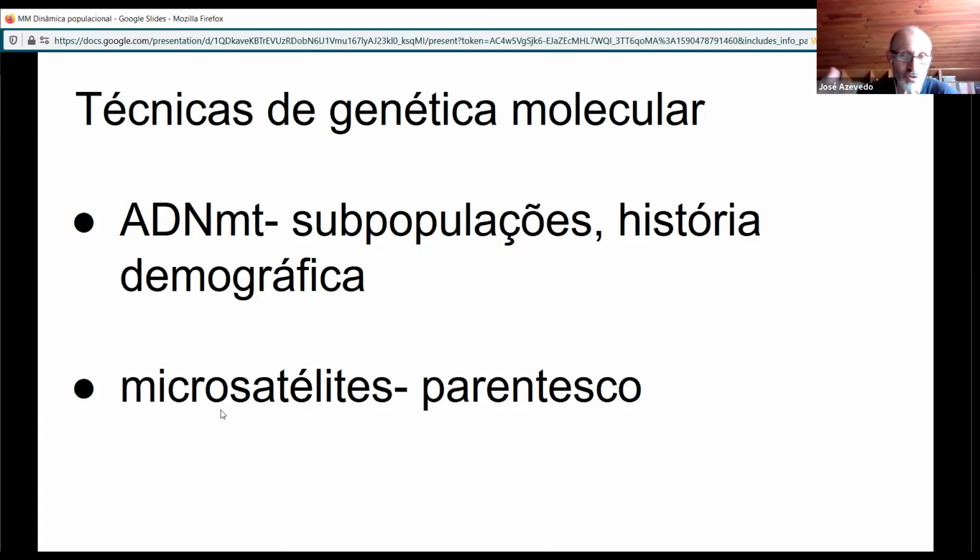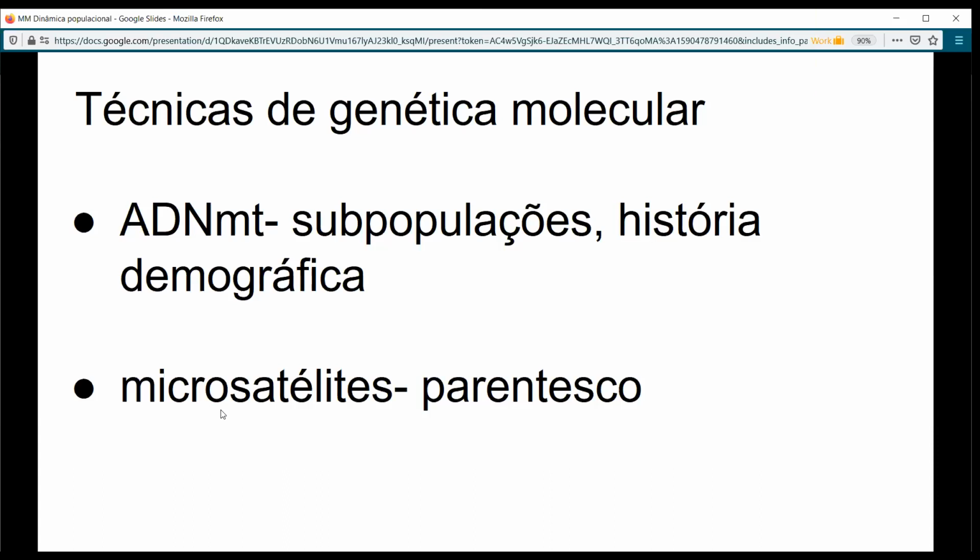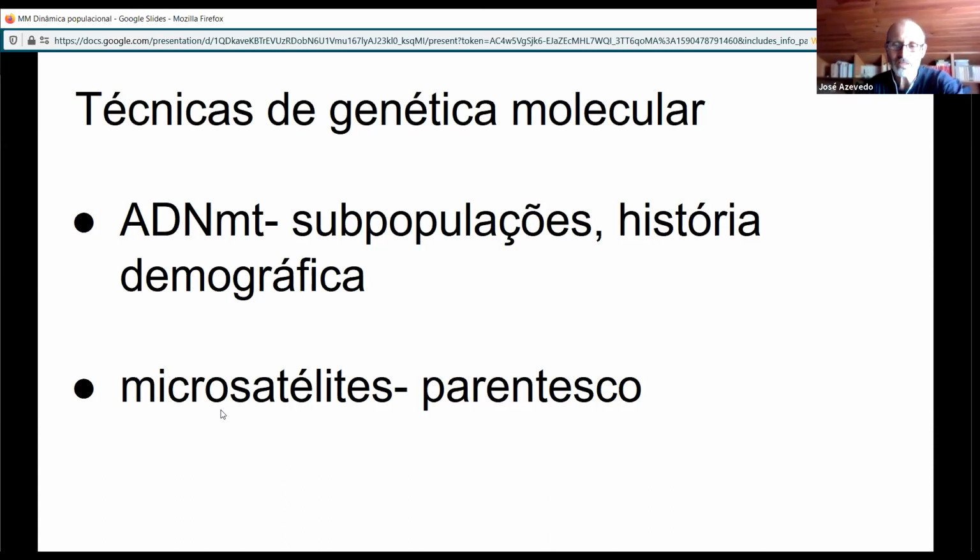So mutations just accumulate, and there are few mechanisms to correct those mutations. And these microsatellites change so fast that they can be used to trace parenthood, so to know who is related to whom. It's the same technique that is used in paternity tests for humans, and it has been used for marine mammals.